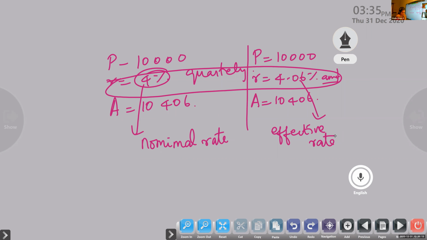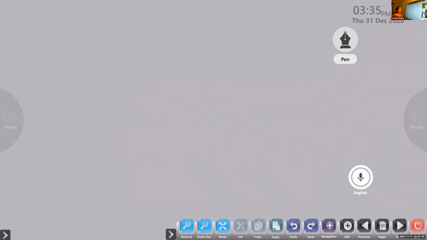Now, what is the formula to convert nominal rate into effective rate? Write the heading: formula to find effective rate when nominal rate is given.